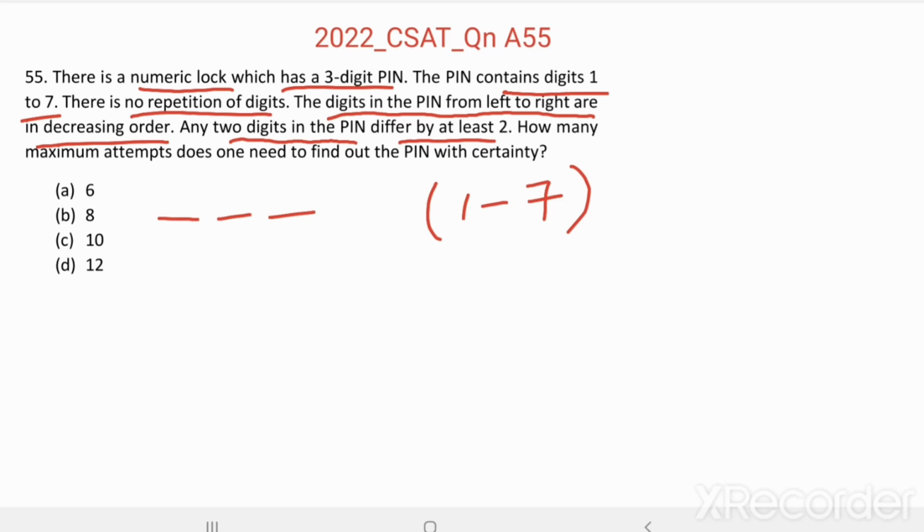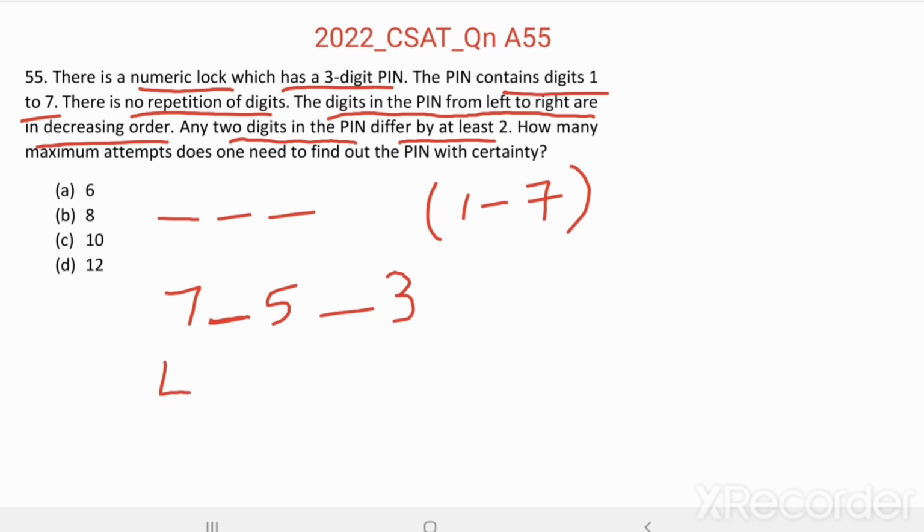That means if the first digit is 7, then there should be at least a 2 difference with the second digit. So the second digit is 5, and the third digit should have at least 2 difference with the second digit. So the third digit is 3.